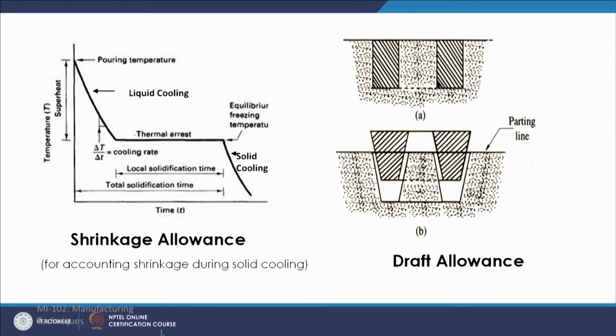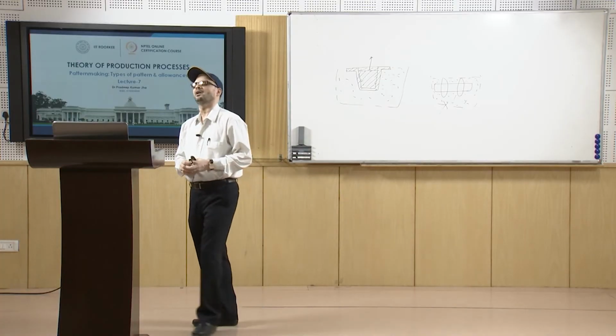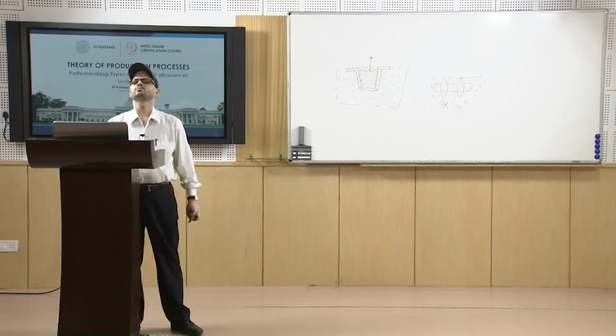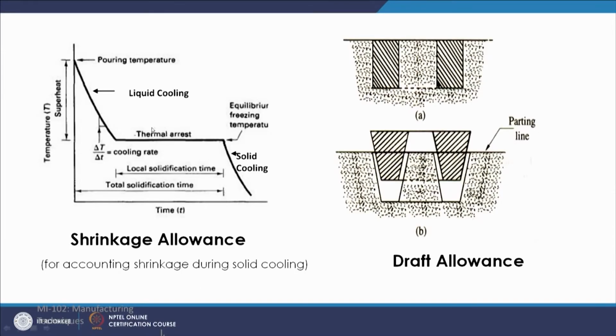So, let us go one by one through the different kinds of allowances. The first is shrinkage allowance. This graph tells about the shrinkage allowance. Shrinkage allowance is given in this portion, for whatever shrinkage takes place during this third stage.